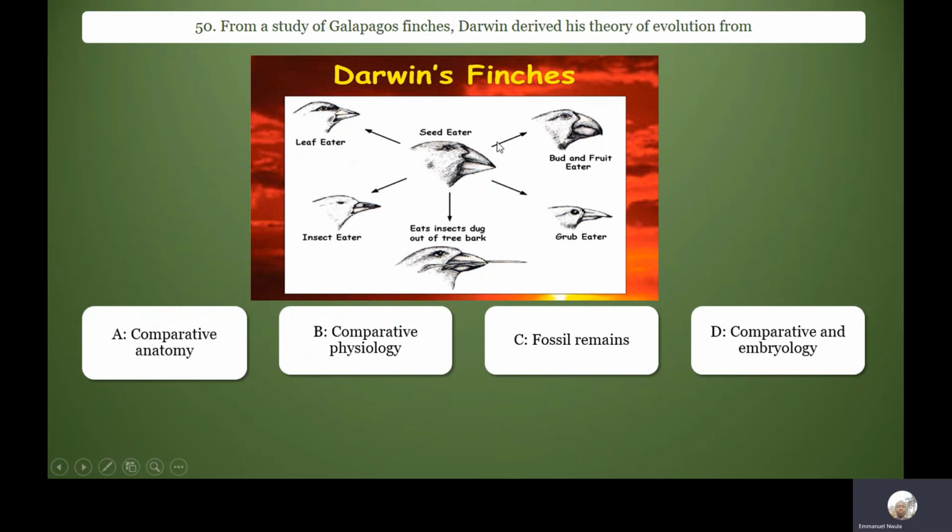So he compared their beak types to state his theory of natural selection.